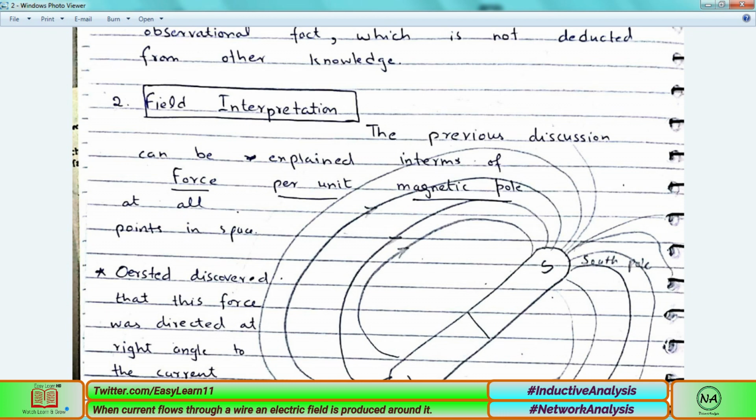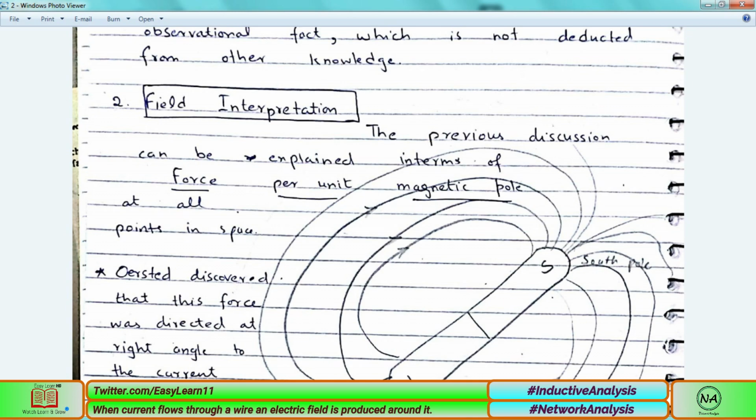In the previous discussion we observed this, and now we will discuss some formulas because we have some time. So I start the second point, the field interpretation. The field interpretation in the previous discussion can be explained in terms of the force per unit magnetic pole.